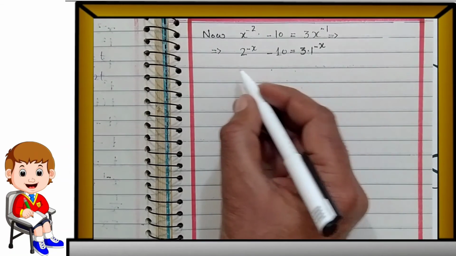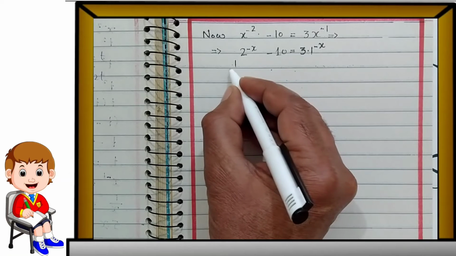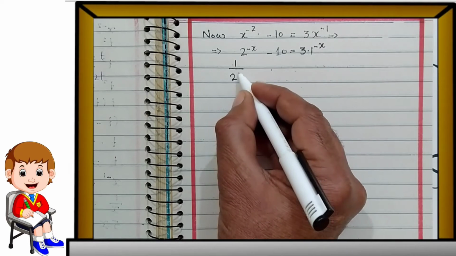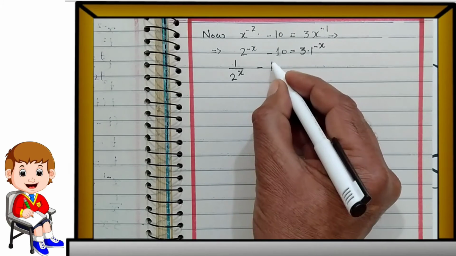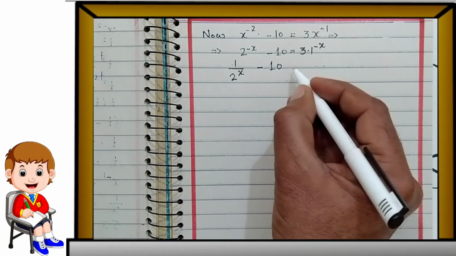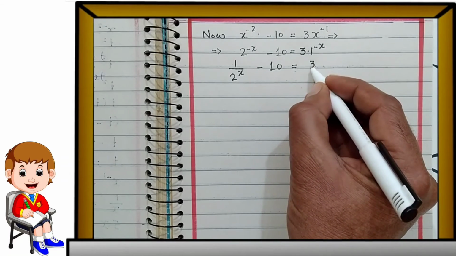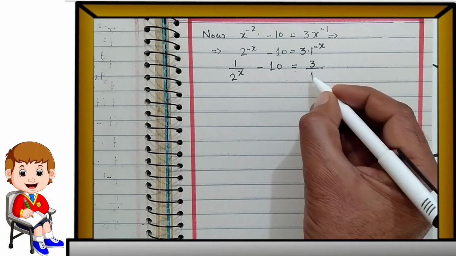Now we solve it. So we make the power positive: 1 over 2 raised to x, minus 10, is equal to 3 over 1 raised to x.